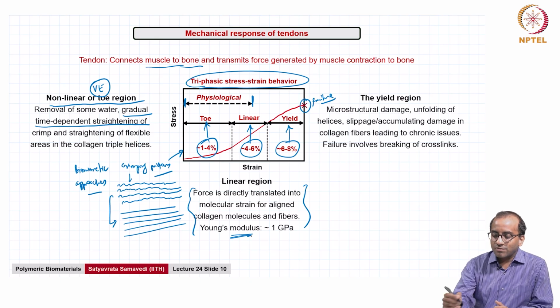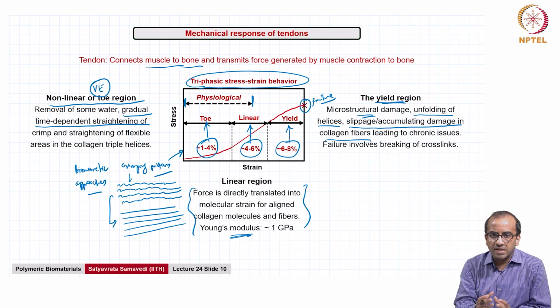And of course, if you go to the yield region, you're going to get permanent deformation arising from microstructural damage. So that could include things like unfolding of helices, slippage, accumulating damage in the collagen fibers, lots of factors, right, leading to a lot of pain.